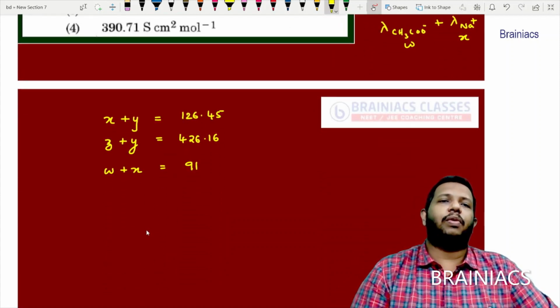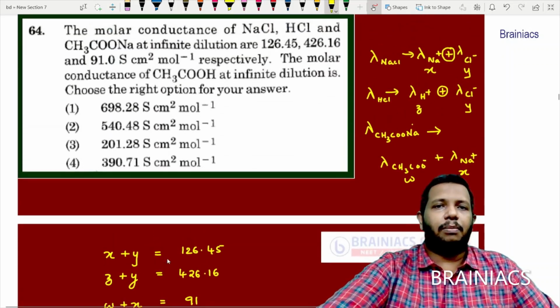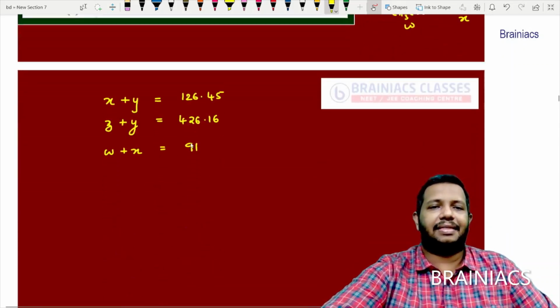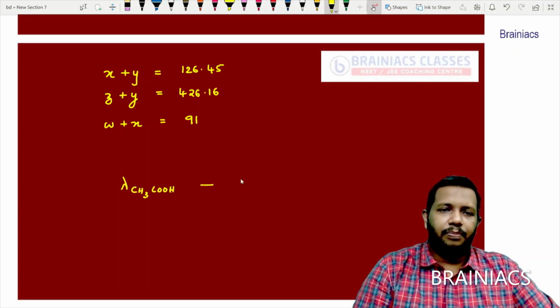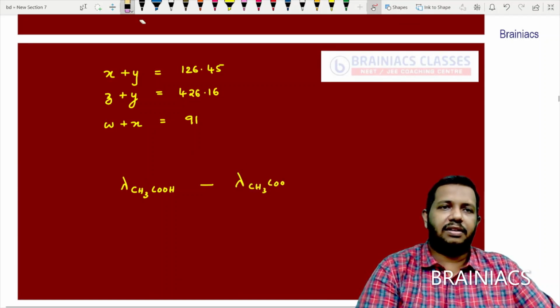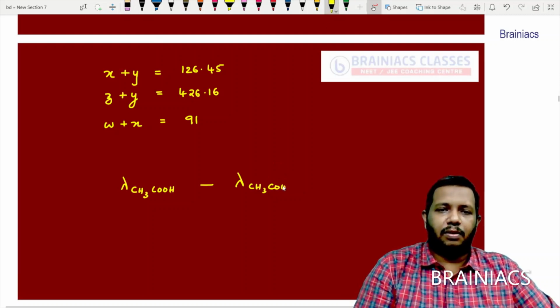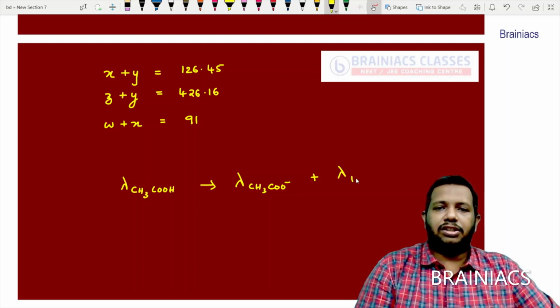Now what you need to find out is the molar conductance of acetic acid, CH3COOH. I can split it as the molar conductance of acetate ion, CH3COO minus, plus the molar conductance of H plus.